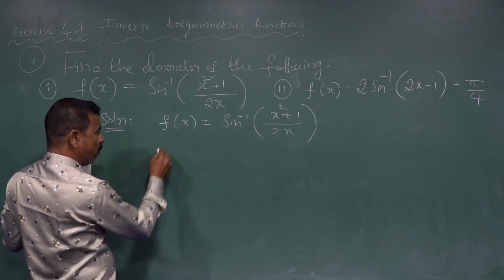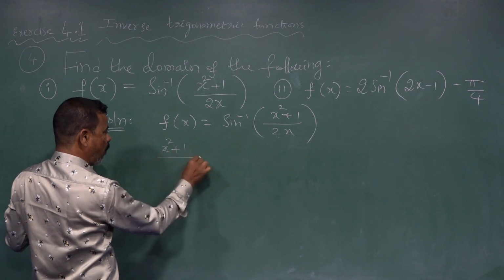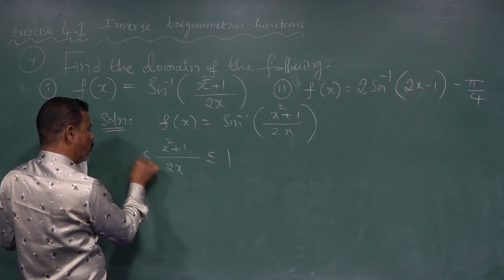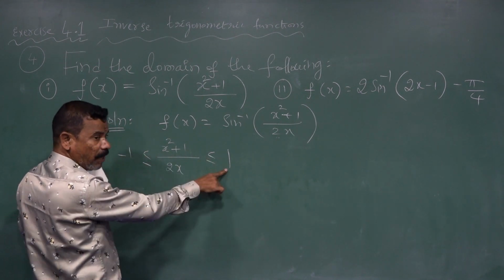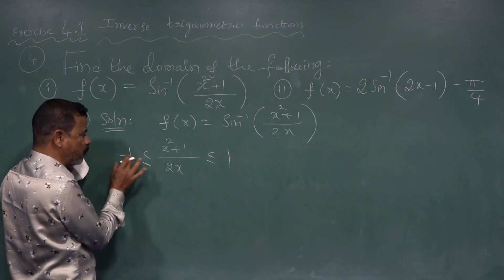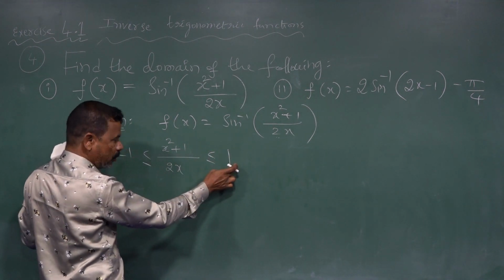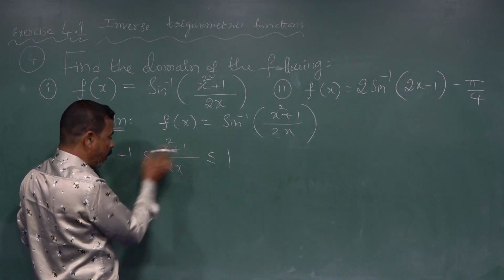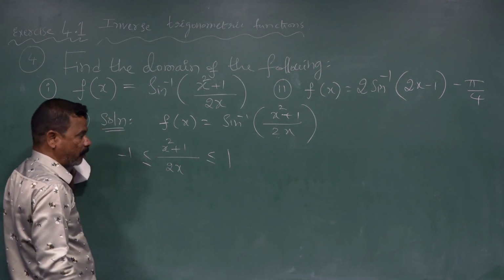That's why (x square plus 1) by 2x lies between minus 1 to plus 1, less than or equal to, here also less than or equal to, in between minus 1 to 1.